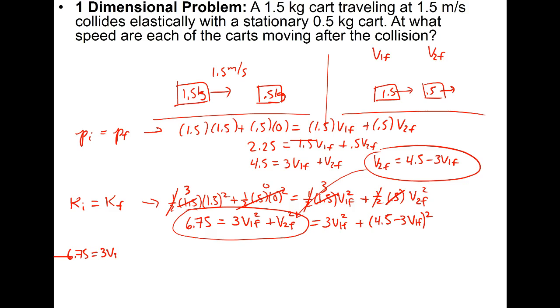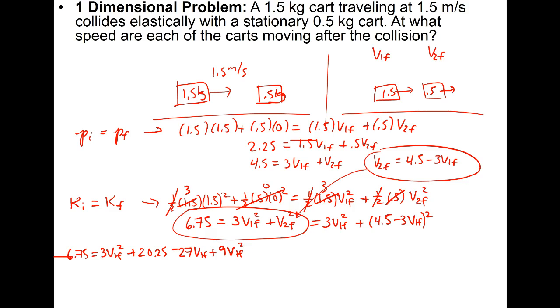On the other side we have 3 V1 final squared. And then 4.5 squared is going to be 20.25. And then we're going to have 4.5 times 3 times 2. We'll have 27 V1 final. That's my sort of two middle terms. And then I'm going to have plus 9 V1 final squared.